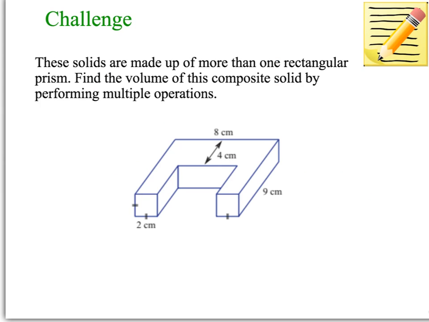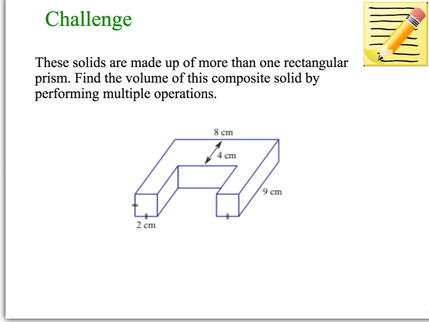Alright, this is more of a challenge. What you need to do is try and find the volume of this composite solid. It's made up of a few different rectangular prisms, but what you can do is just use addition or subtraction in these cases to work out the volume.